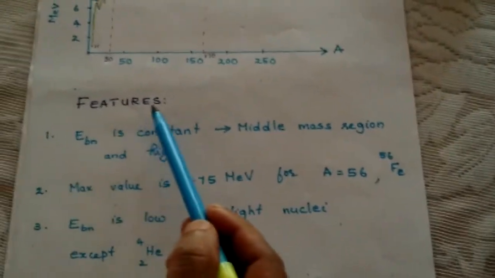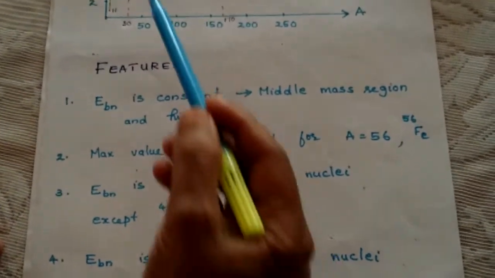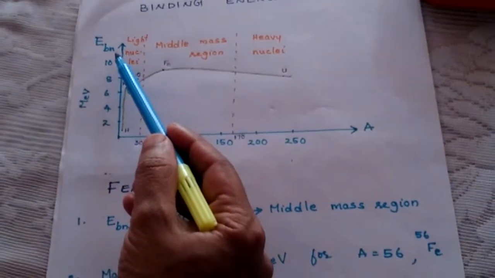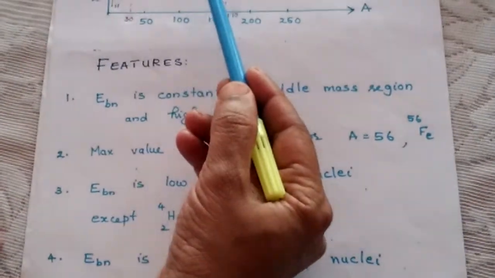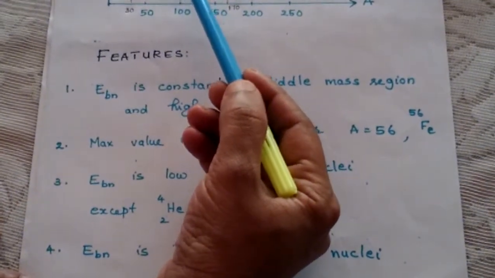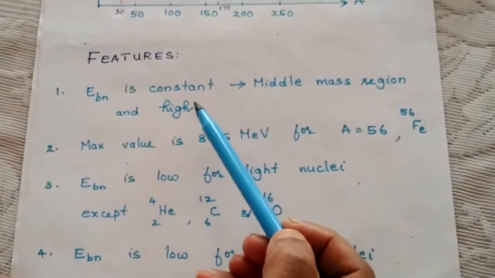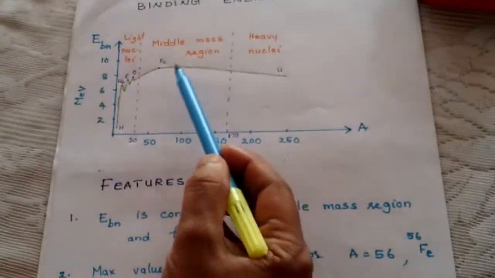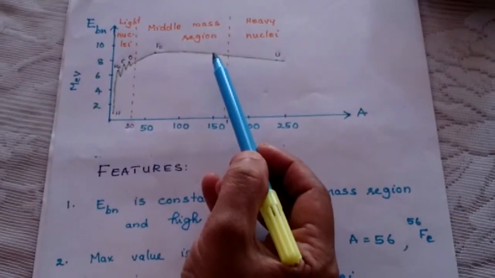Now let's see the features of this curve. Binding energy per nucleon is constant in the middle mass region and its value is high. And this high value indicates that there must be a force between the nucleons which binds the nucleons together, and that force is termed as nuclear force, and it should be an attractive force. And this constant value of the binding energy indicates that the nuclear force is a short range force.